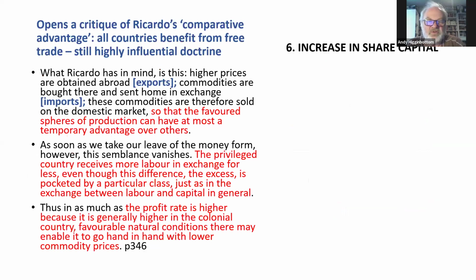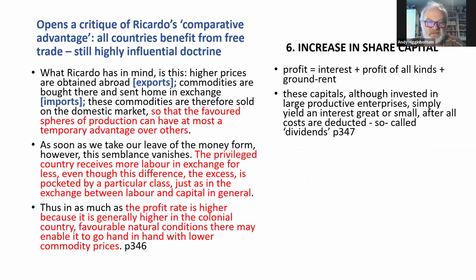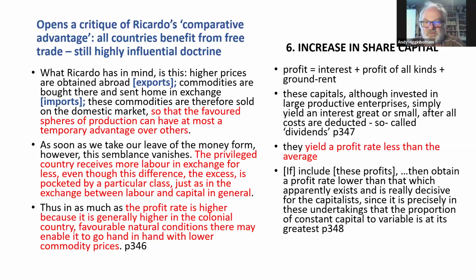So he's opening up a critique of Ricardo, basically, here, which can again be developed. He's got one last point, an increase in share capital, which I'm not quite convinced by, to be honest with you, why that's a counteracting factor.